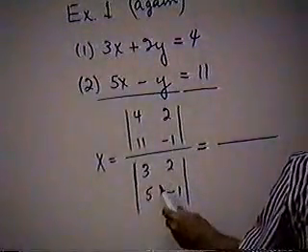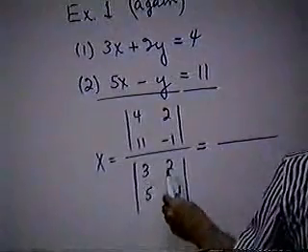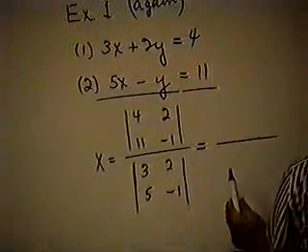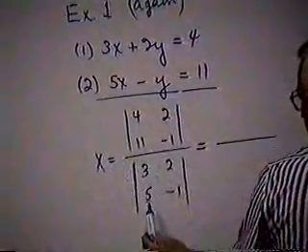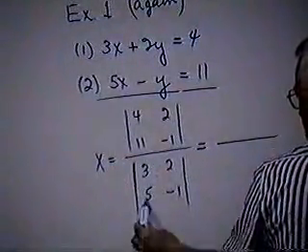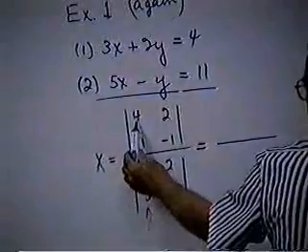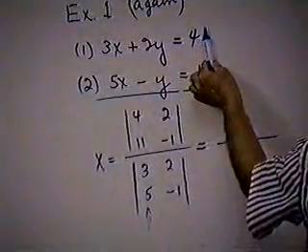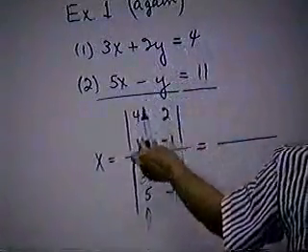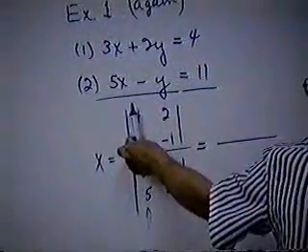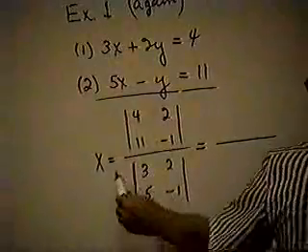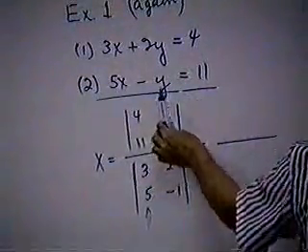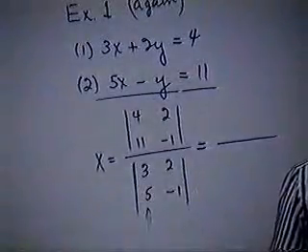So the denominator will be the x coefficients, y coefficients. Now the numerator is this. If I'm looking for x, I replace the x column with the constant numbers, 4 and 11. If you're looking for y, you would take this 4 and 11 and put it in the place of the y column. That's how simple the concept is.